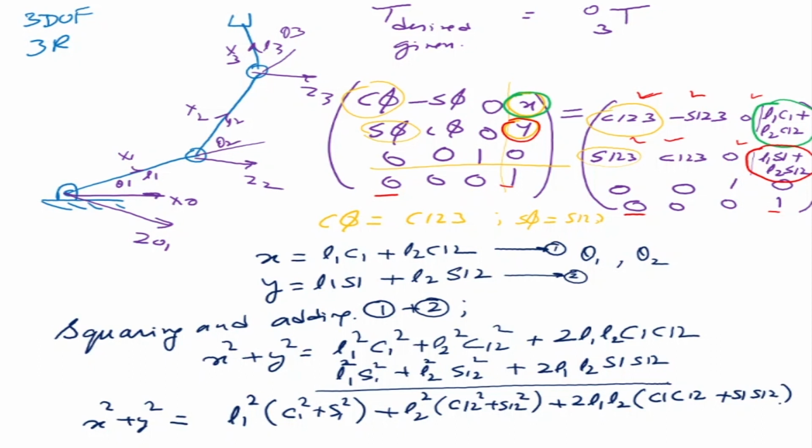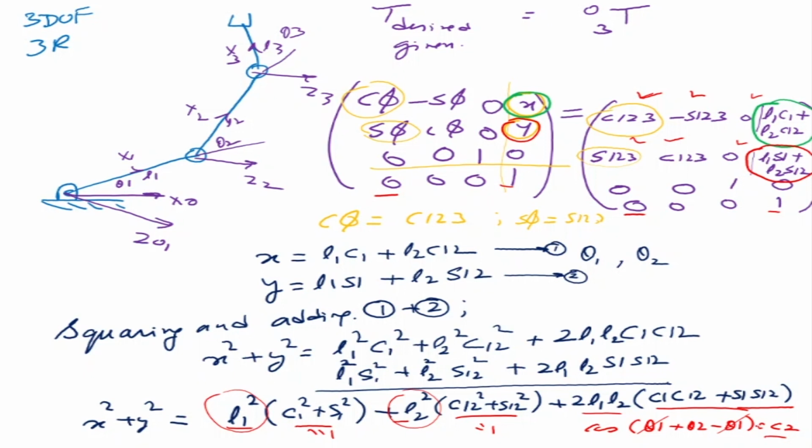Now this term will become equal to 1, and this is equal to 1. So we get L1 squared and L2 squared. Here we get cos of (theta 1 + theta 2 minus theta 1). So theta 1 will cancel, and you get cos theta 2 here. So what we get is L1 squared plus L2 squared plus twice L1 L2 cos theta 2. So theta 1 is gone.